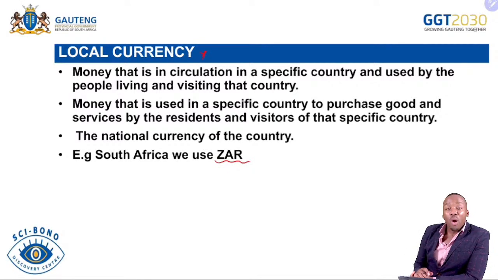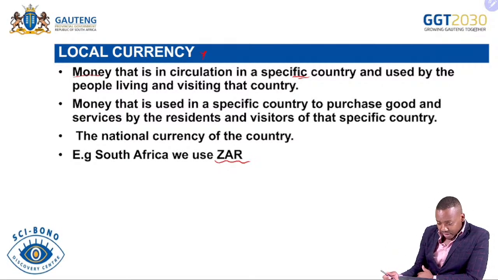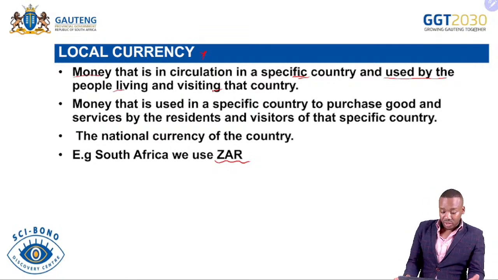Local currency is money that is in circulation in a specific country, right? Remember, we spoke about what currency is first. So local currency is money that is in circulation in a specific country, and used by people living and visiting that particular country to buy goods and services.